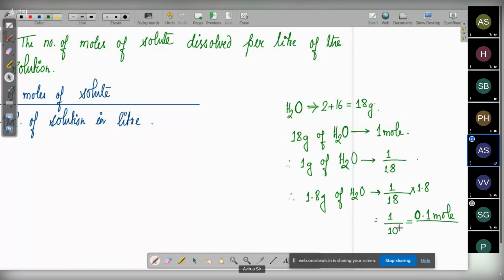This is how you calculate the number of moles. So 1.8 gram of water is equal to 0.1 mole. Is it clear how we are calculating the number of moles? One molecular weight is equal to 1 mole, and from there you do the unitary method and get the number of moles. Is it clear to everyone?